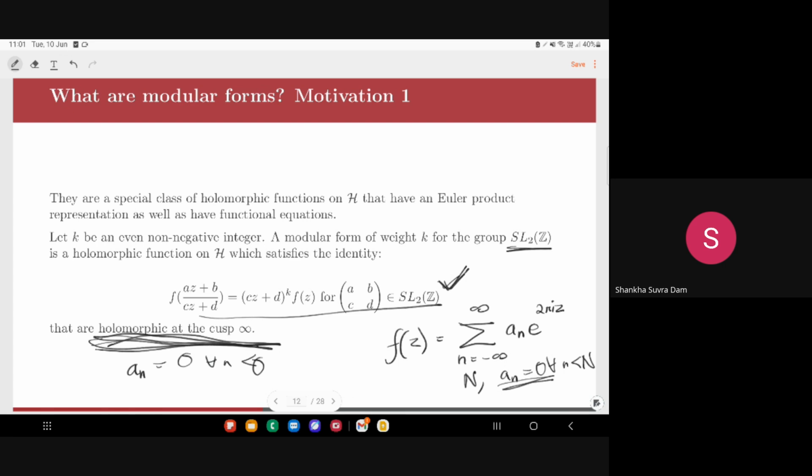And furthermore, a0 need not be 0 here. If a0 is 0, we say that it's cuspidal at infinity, or it vanishes at infinity.